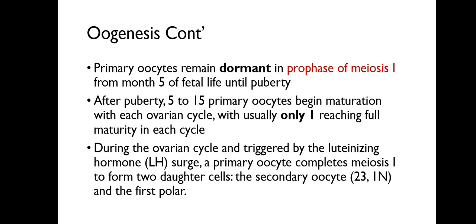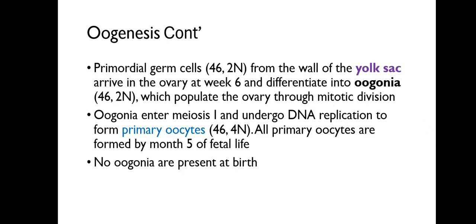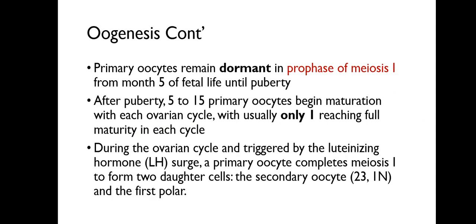You continue. Now, remember, oogonia differentiated to primary oocyte. This primary oocyte is going to remain dormant in prophase 1 of meiosis 1. This you must know. Remember, meiosis has 2 phases, meiosis 1 and meiosis 2.